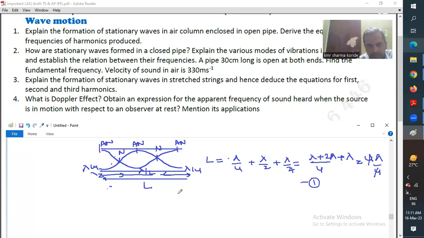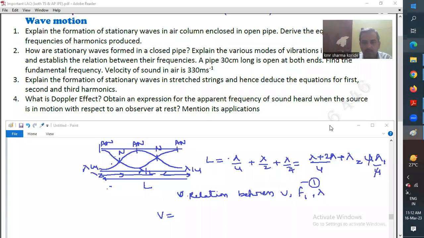Then once again, the relation between speed of sound, frequency and wavelength. This is the first overtone or second harmonic. We call this L1, lambda 1. So V is equal to F1 lambda 1.